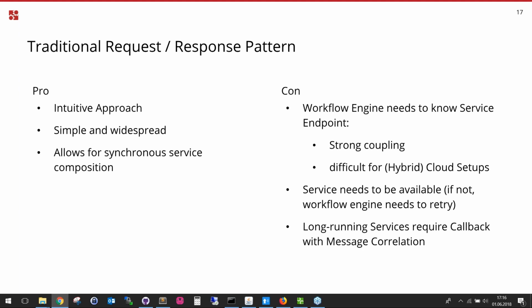The problem here is that the workflow engine would need to know the service endpoint. So this leads to a certain degree of coupling. It also makes it more difficult to have hybrid setups where, for example, let's say the workflow engine runs in the public cloud, but the services are on-prem, maybe behind a firewall, which makes it more difficult to actively call them. So this would be a difficult setup, obviously.